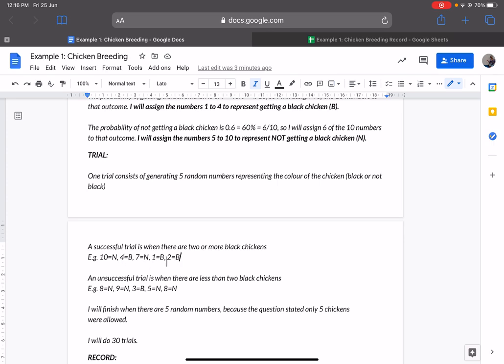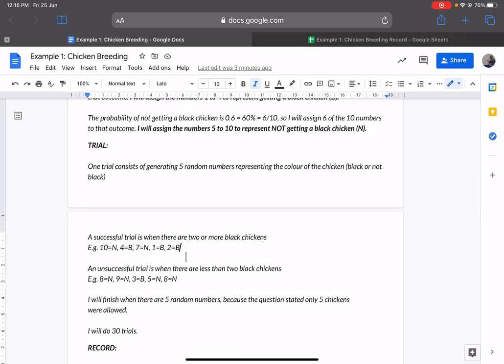Now there were 3 numbers that represented getting a black chicken in this set of numbers, so that means that this is 2 or more black chickens, and so it was a success. So that's my example of a successful trial. And I've got to say what an unsuccessful trial is.